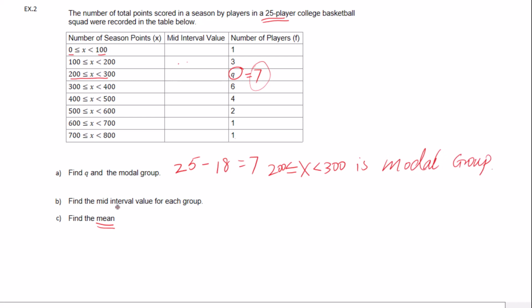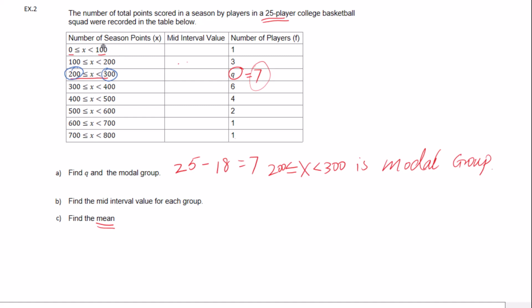B. Find the mid-interval value for each group. For the mid-interval value, we will use upper and lower limits. Add the lower and upper limits together, then divided by 2.